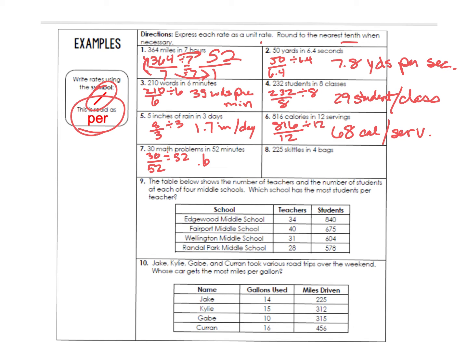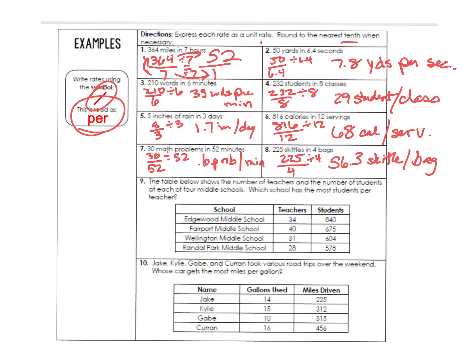It would be 6/10 of a problem per minute. Number 8, the last one that I'm going to do with you guys, 225 Skittles in 4 bags. So I'm going to divide by 4, have a fraction, so I'm going to round to the nearest tenth. 56 3/10 Skittles per bag.